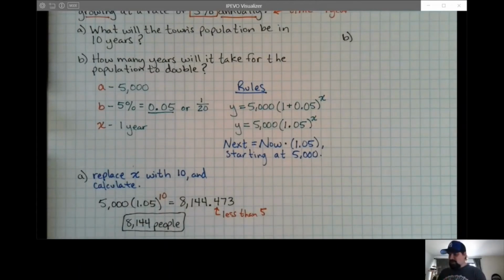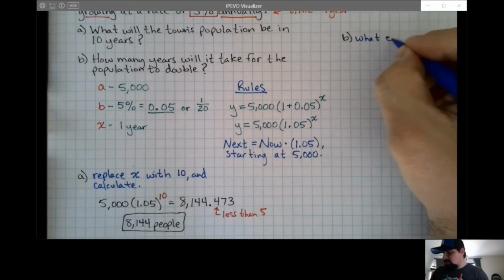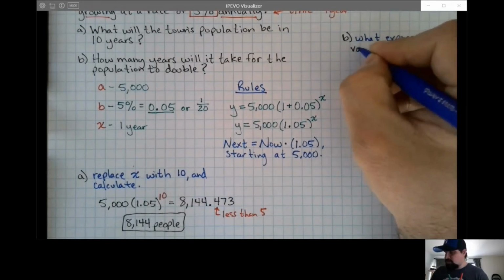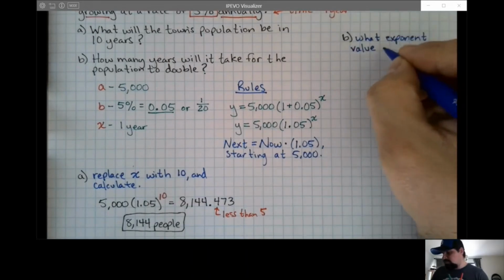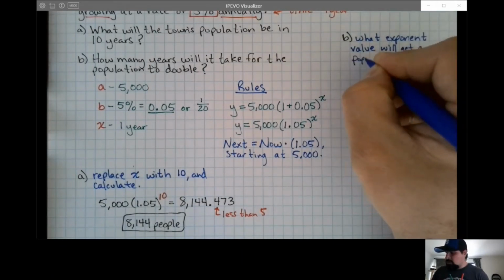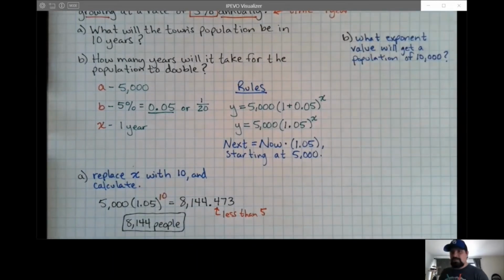That wants me to find what exponent value will get a population of 10,000. All right, that's what it's asking me to find out.